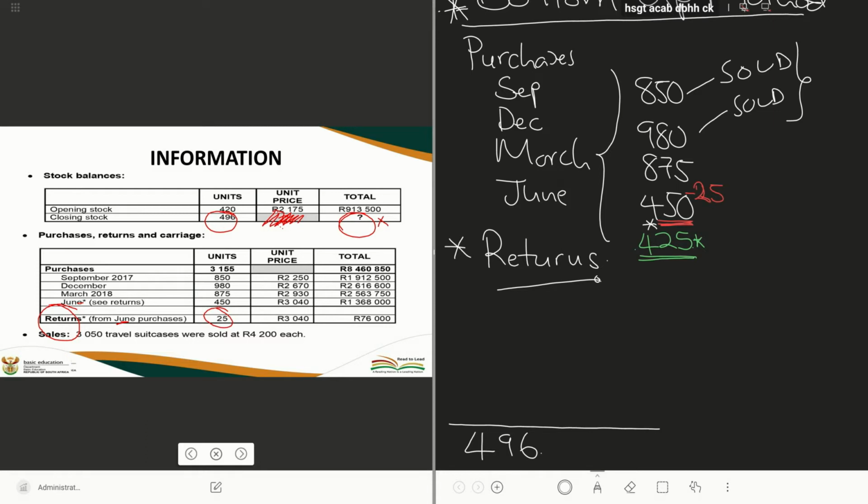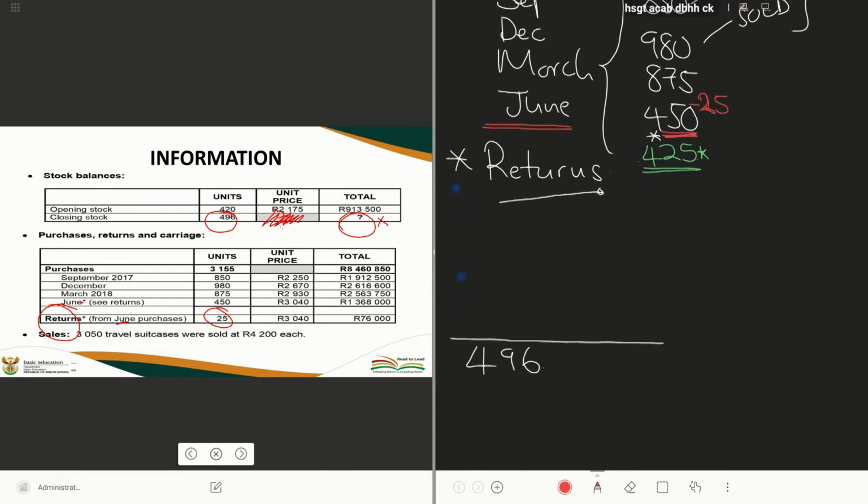What, therefore, does that mean? We're going to look at the last purchases. Which one is the last purchase? Our last purchase is June. We'll look at the recent purchases. Boys and girls, it therefore means if I need to have 496 units at the end, I will look at the recent purchases.